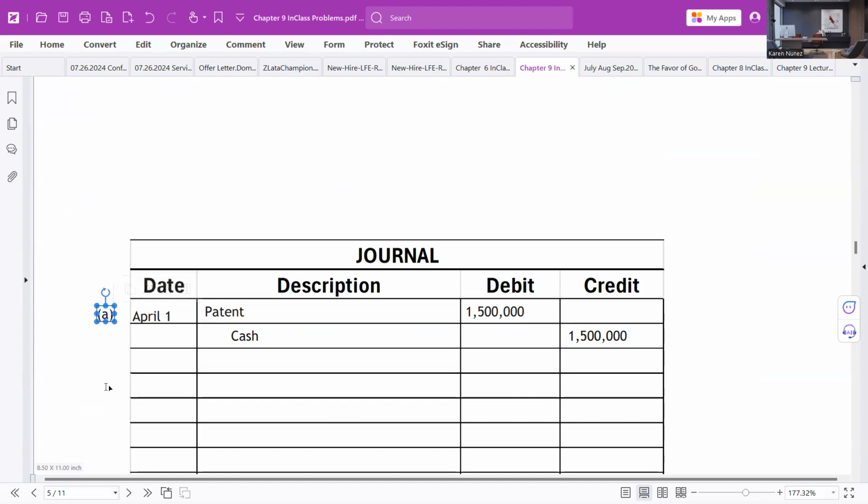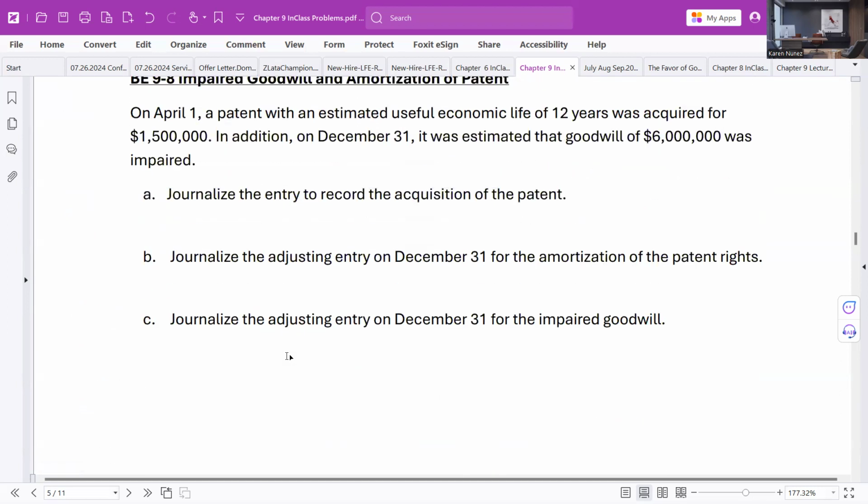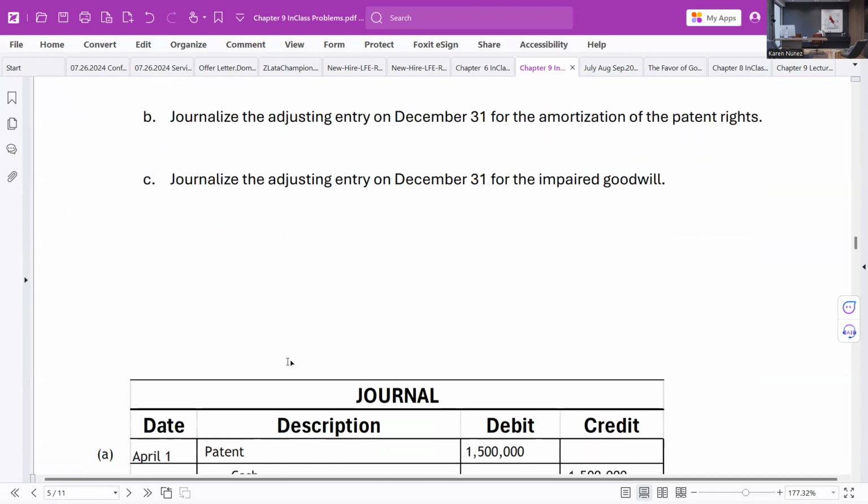And then the next thing is going to be B. For B, what we need to do is journalize the adjusting entry for the amortization of the patent rights. The amortization expense here is straight line amortization.